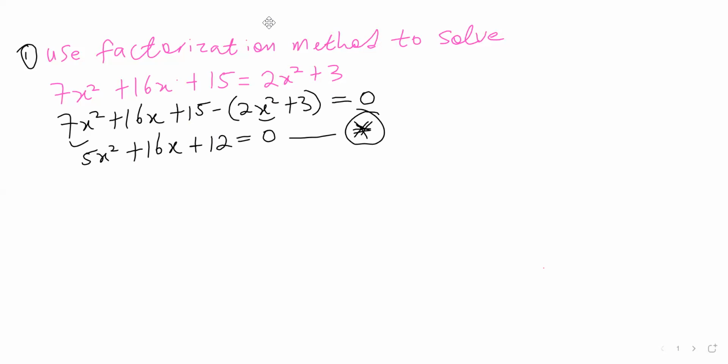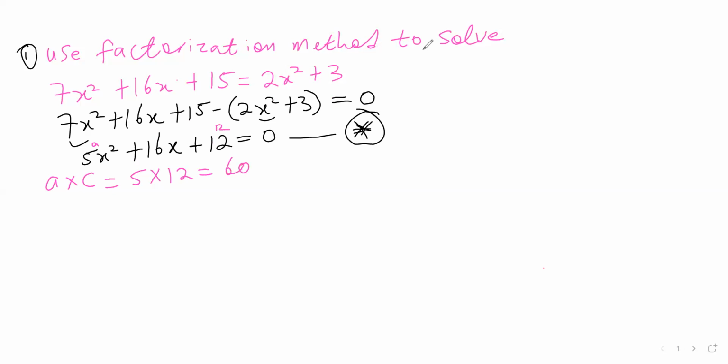When you have an equation like this, we know from the factorization method that you do your A times your C, where your A is 5 and your C is 12. So it becomes 5 times 12, which is equal to 60.